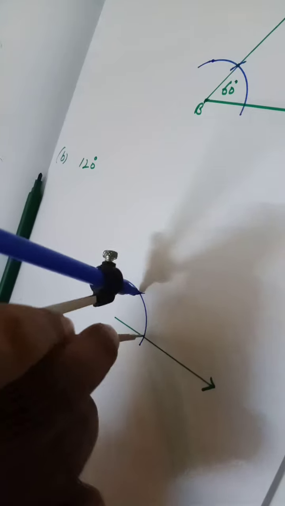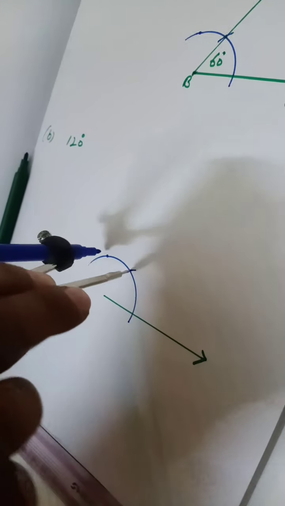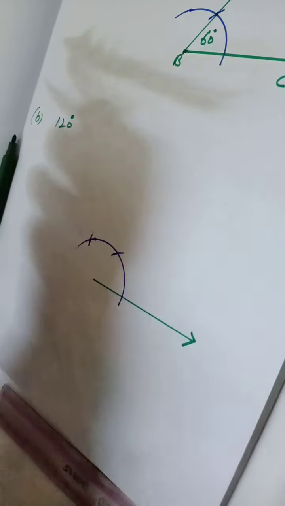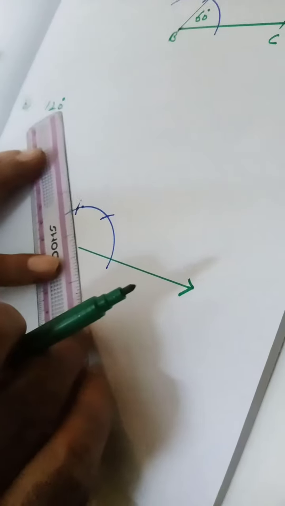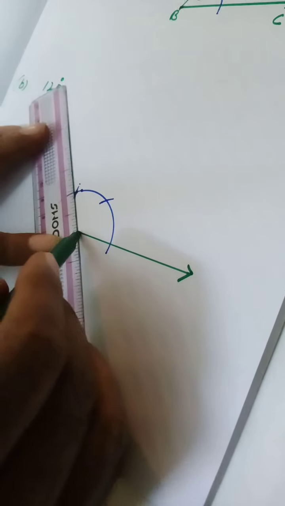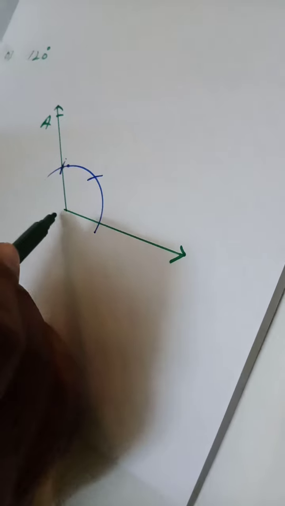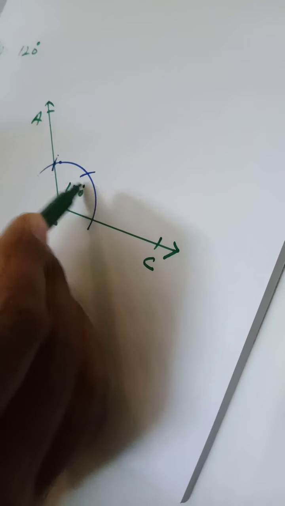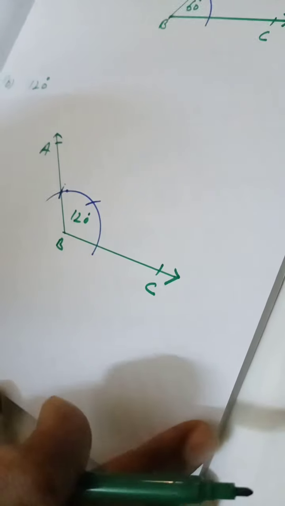This first arc is of 60 degree as we have done in first part. Now keep the needle here at 60 and draw another arc. This is the mark of 120 degree. Put a point here and join this. Give the name A, B, C. This will be the angle of 120 degree. You can use protractor to confirm it.